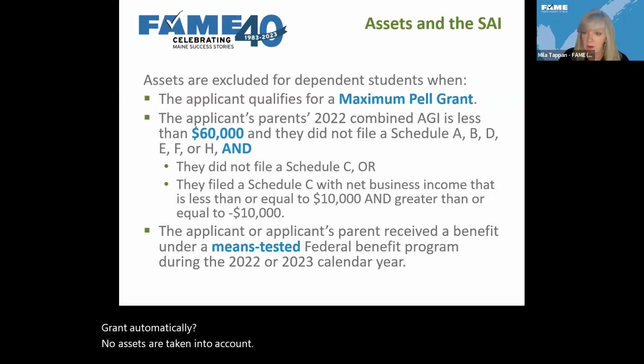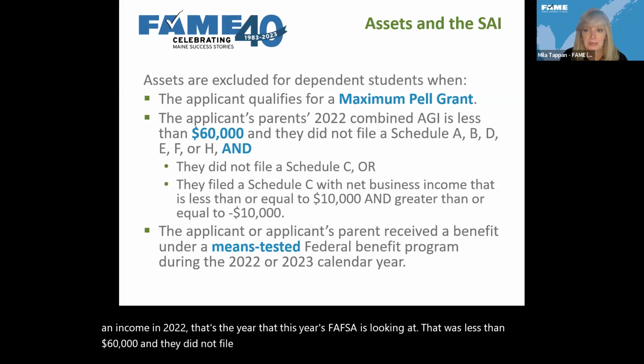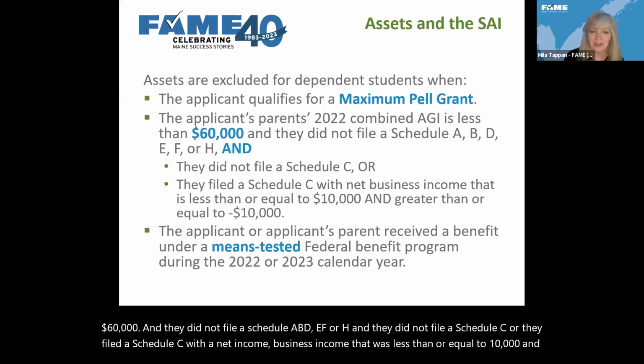If an applicant's parents, we're talking about dependent students here, had an income in 2022, that's the year that this year's FAFSA is looking at, that was less than $60,000, and they did not file a Schedule A, B, D, E, F, or H, and they did not file a Schedule C, or they filed a Schedule C with a net business income that was less than or equal to 10,000 and greater than or equal to negative 10,000.